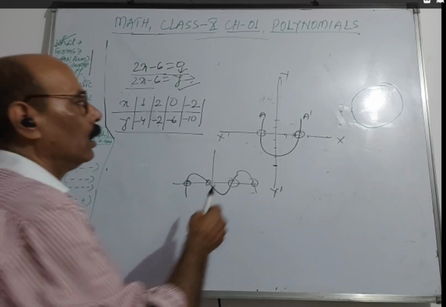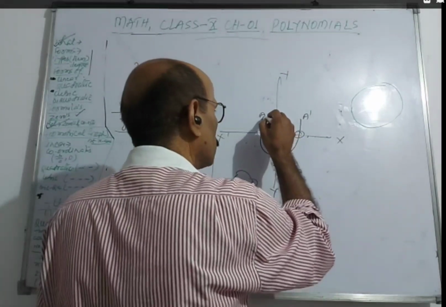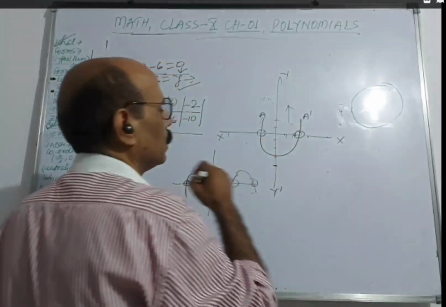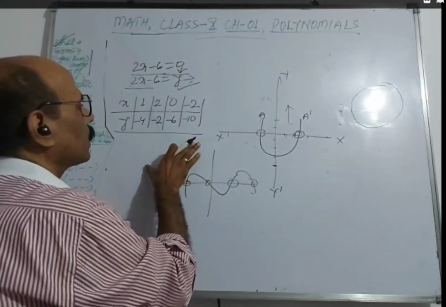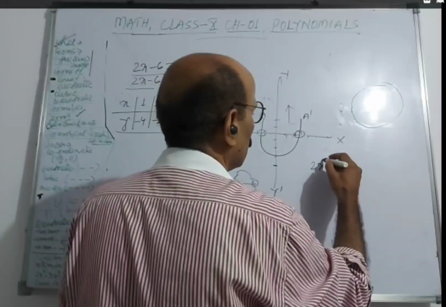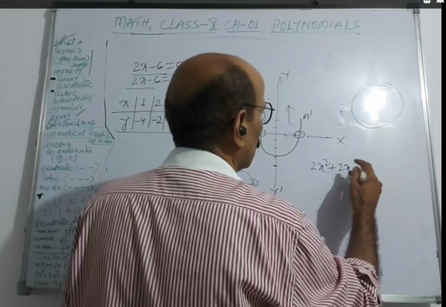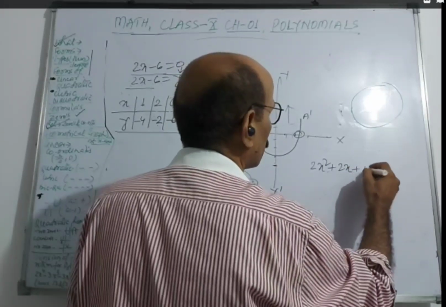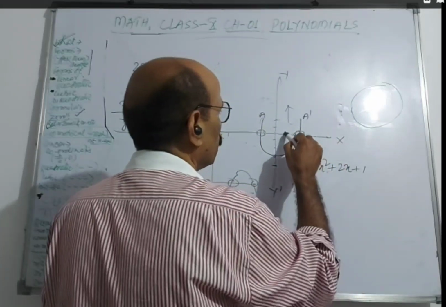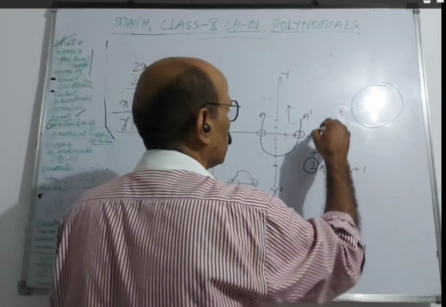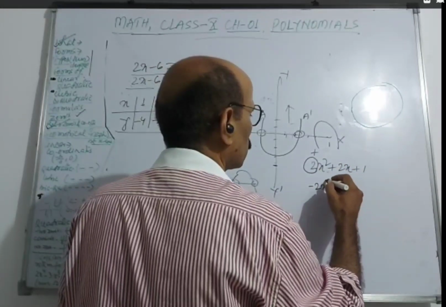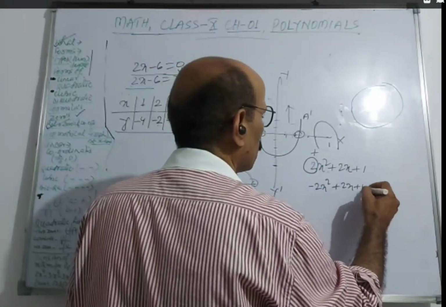Now, in quadratic, if you see this parabola is open upside, that means certainly this will be x square plus 2x plus 1, like this. This coefficient is positive if it is upside. And if it is downside, that means this will be minus. Okay, keep in mind.